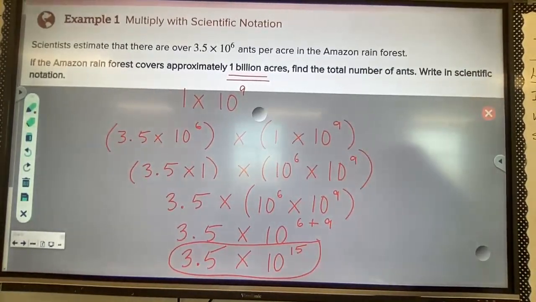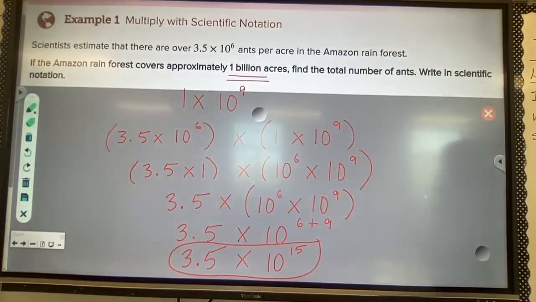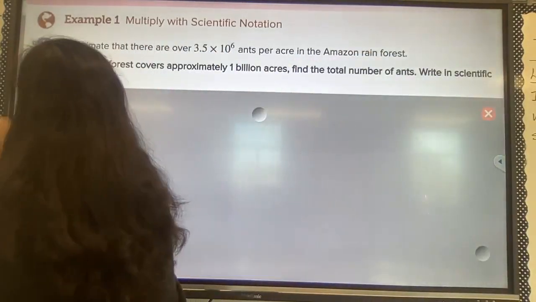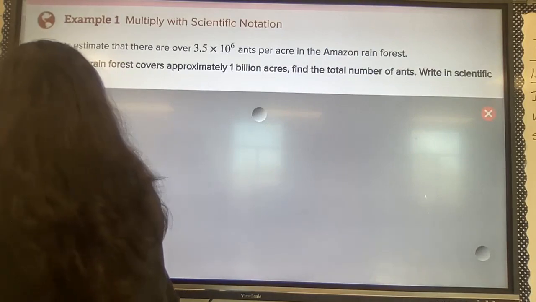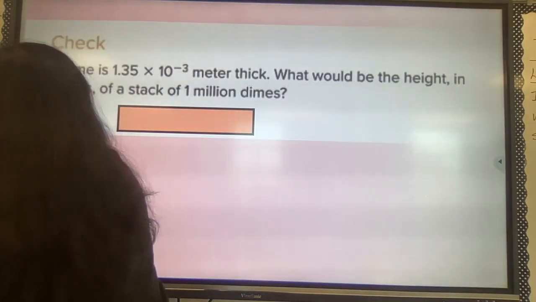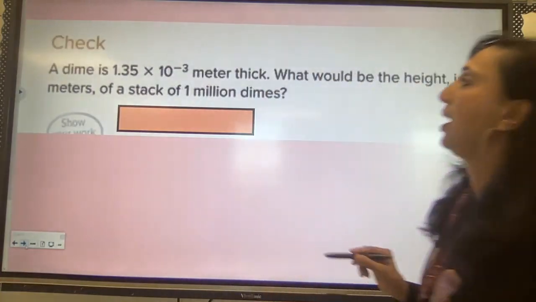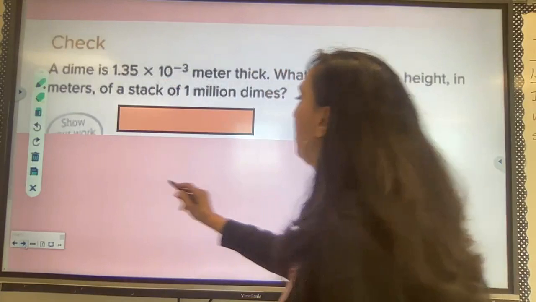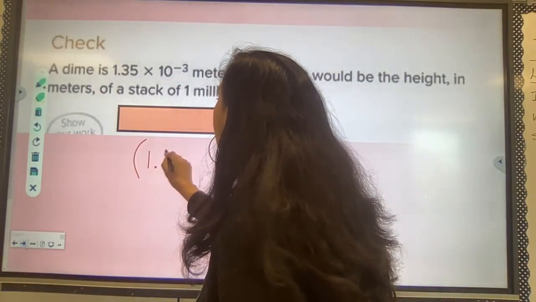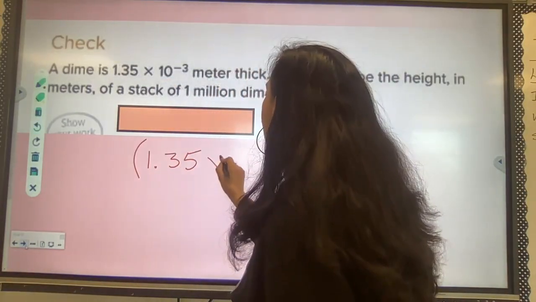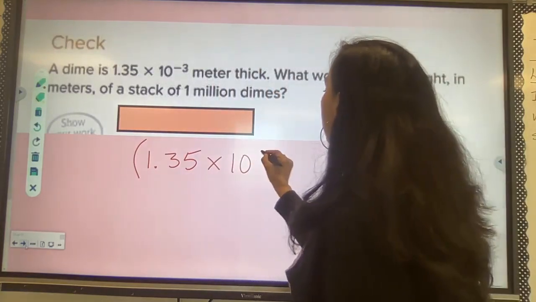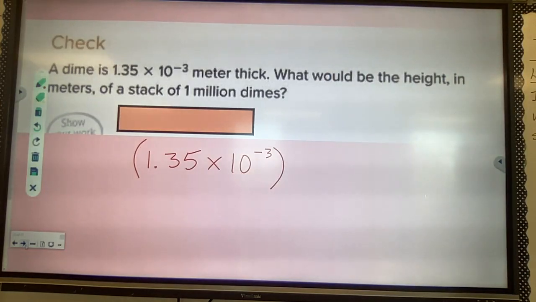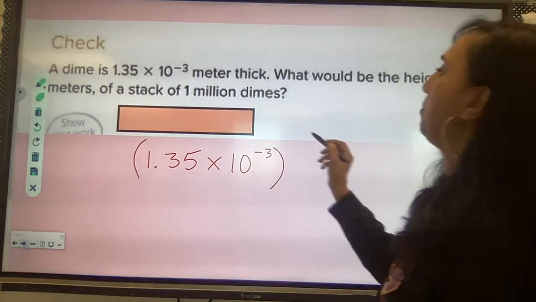Okay, so let's do another one really quick with multiplication. Let's say I have this question: one dime is 1.35 times 10 to the power of negative 3. What would be the height in meters of a stack of 1 million?